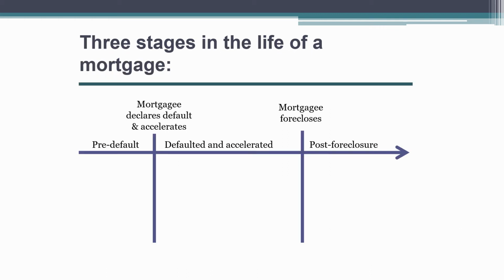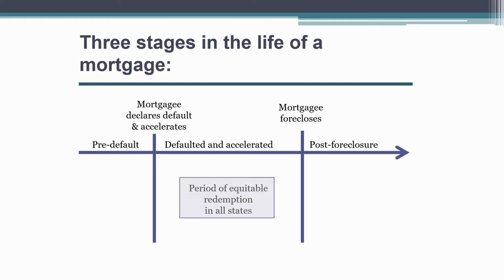We can think of there being 3 stages in the life of a mortgage. First, there's the pre-default stage in which the borrower is making regular payments on time. Now suppose the borrower defaults, fails to make a payment. The mortgagee can declare a default and can accelerate the loan. By accelerate, what we mean is the lender simply declares that now the entire loan balance is due and owing.